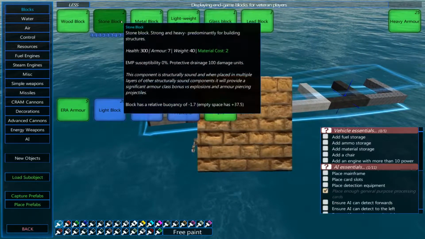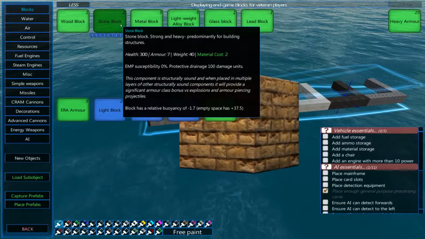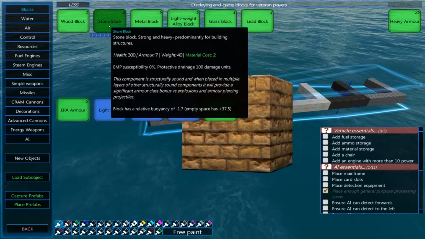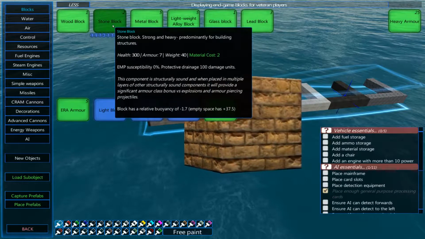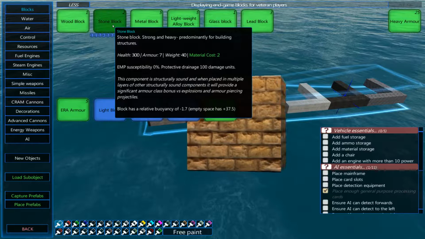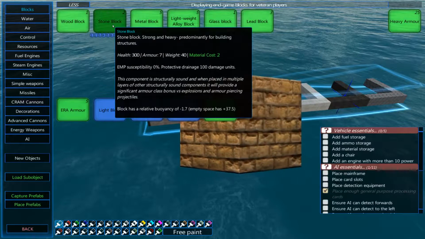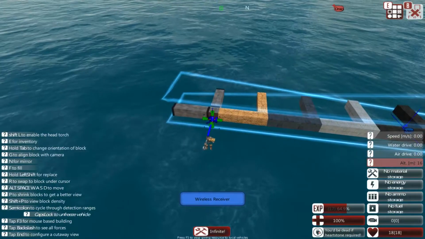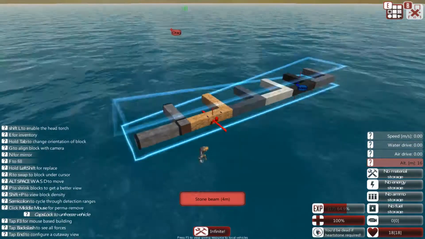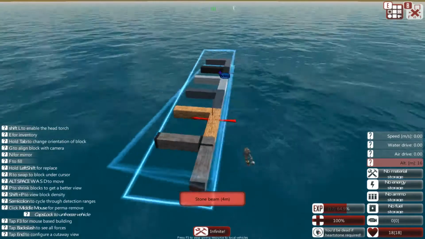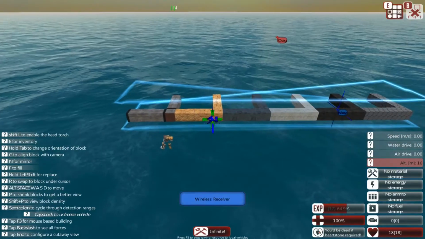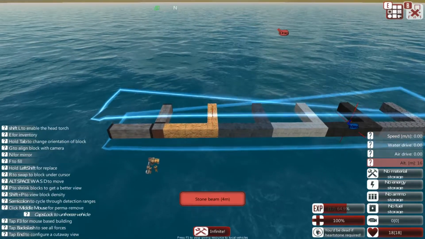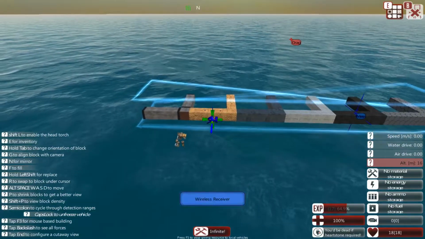Stone is something you only really consider if you're building something on land. It has an armor of 7, a health of 300, a weight of 40, and a material cost of 2. It has a buoyancy of minus 1.7. So, whereas wood will actually give you buoyancy, stone will take it away, which means it's not really suitable for ships and planes, especially planes.